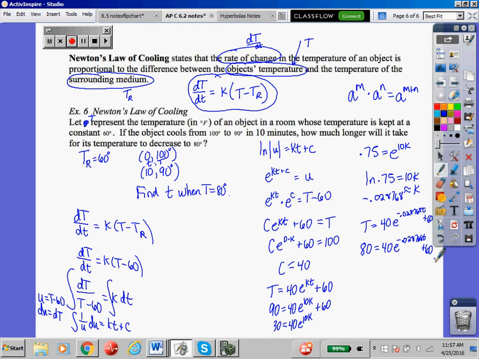You're trying to solve for t, the time t. It's the exponent. So you subtract 60.